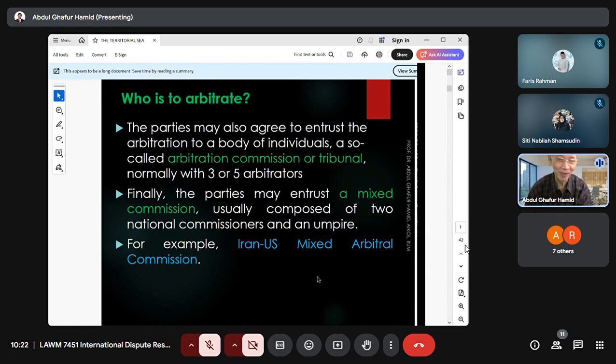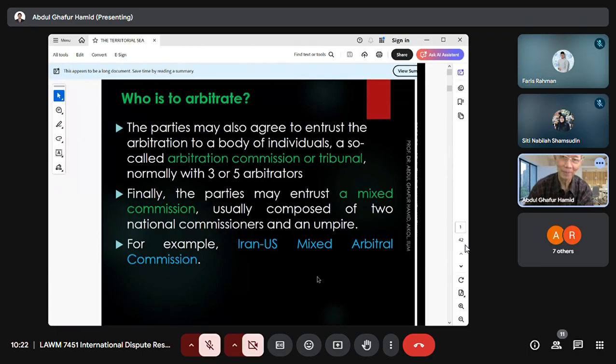If 4, for example, or 6, then it is difficult to make a decision, right? That's why normally the number of an arbitration tribunal or arbitration commission should be 3 or 5.